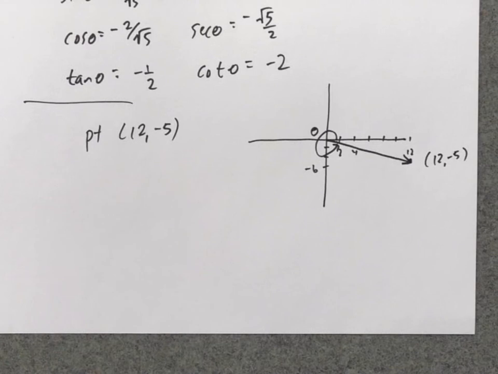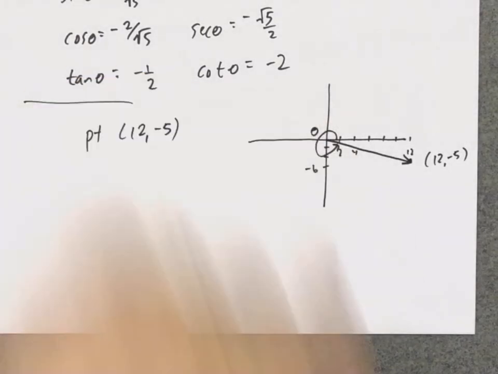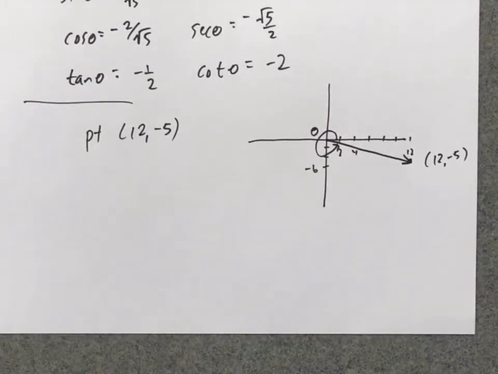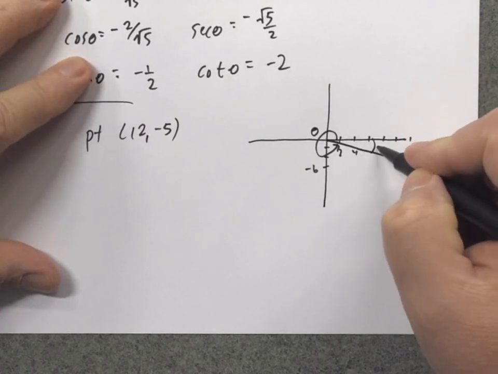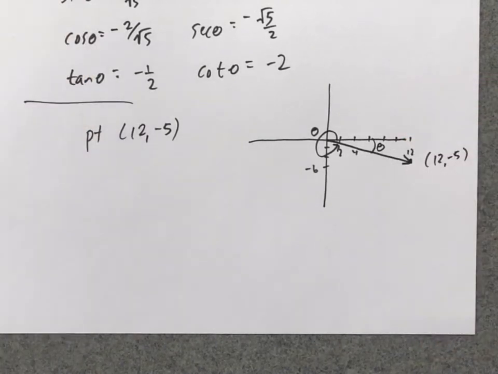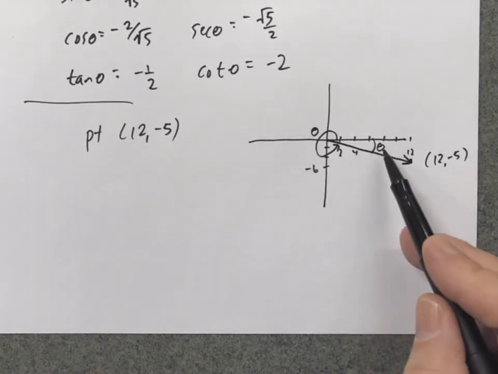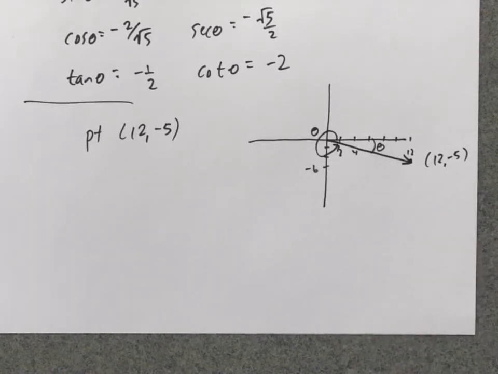Now, as we explained in class, I don't know how to find the trig functions for that angle. Instead, what I'm going to do is find the trig functions for this other angle, and it actually is going to be the same. The trig functions for this angle and the trig functions for this angle are the same, amazingly enough.